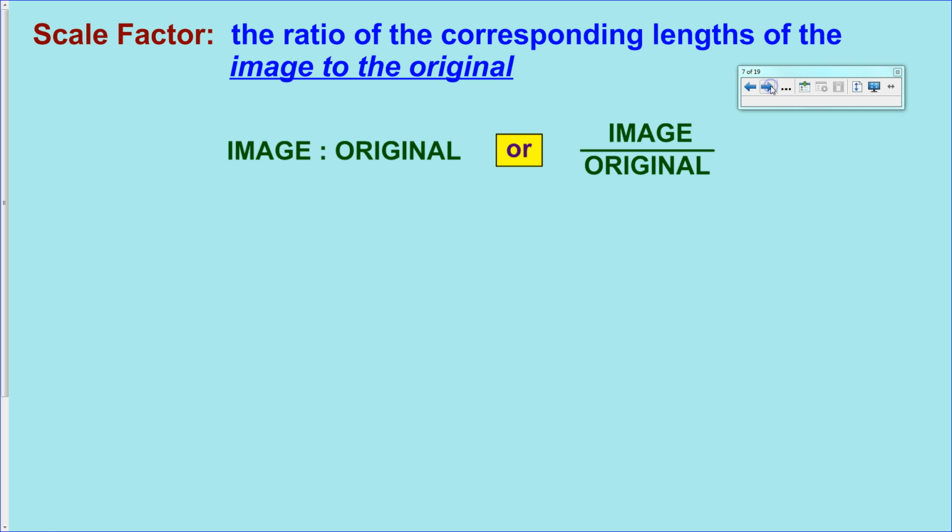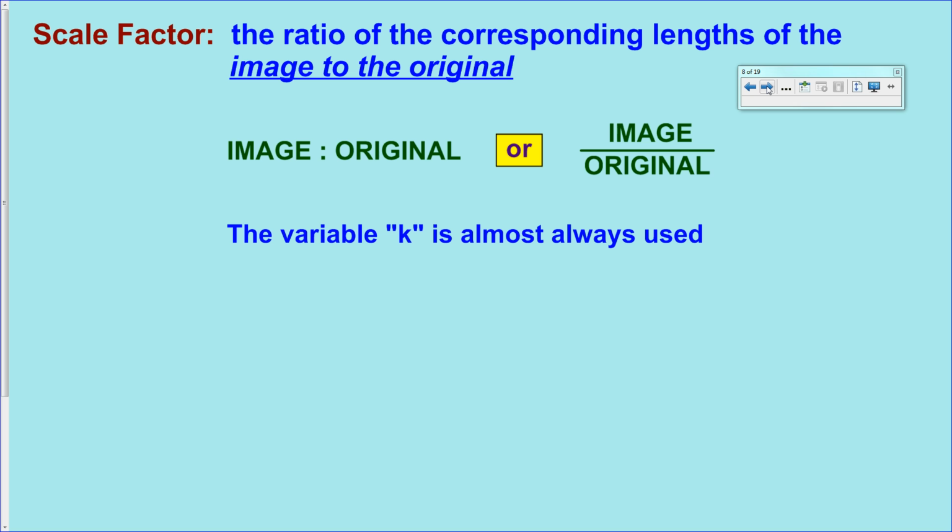So image comes first, or image comes on top, when you're writing your scale factor ratios. So you can write it as a ratio or you can write it as a fraction. It doesn't matter. I think most people find it most helpful as a fraction because you will be actually using this number to multiply against your coordinates. So if you treat it as a fraction, you just have it in your head as a fraction and you can treat it as a number as it can be.